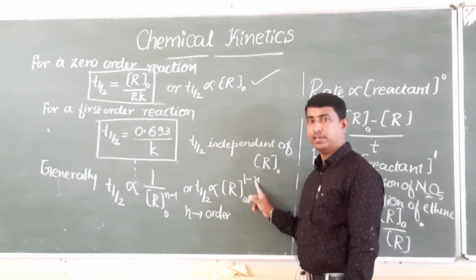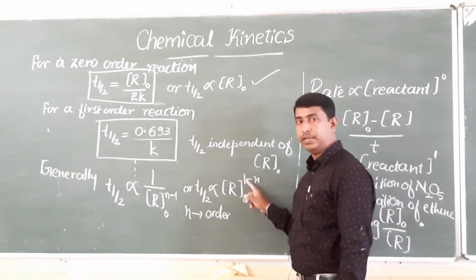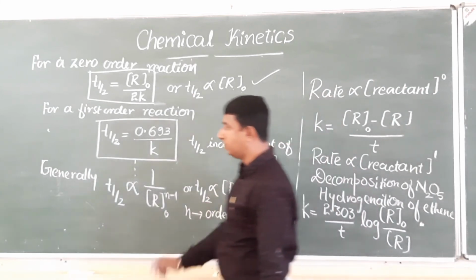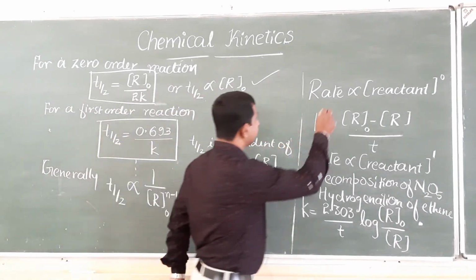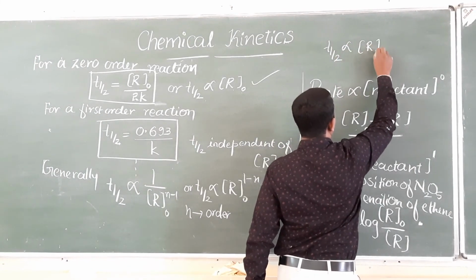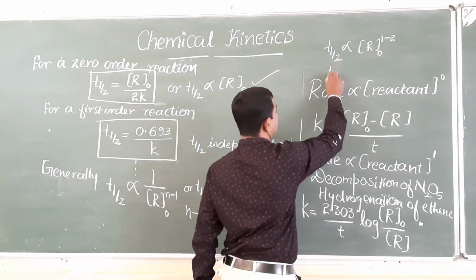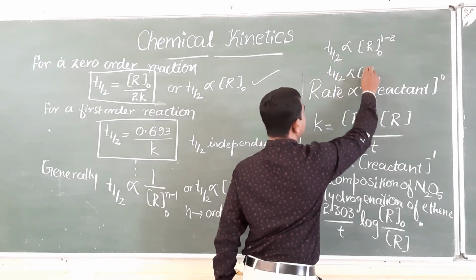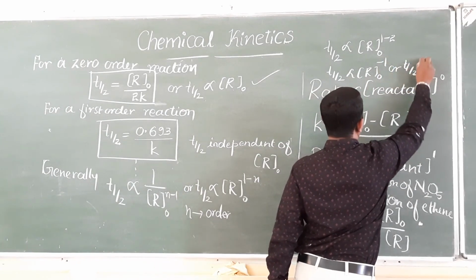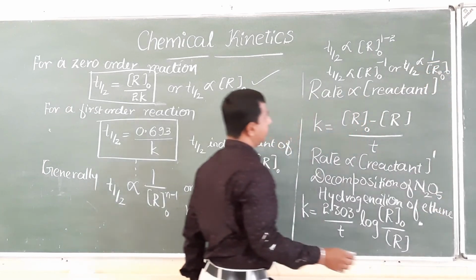Then T half is proportional to R naught power 1 minus 2. 1 minus 2 is minus 1, so T half is proportional to R naught power minus 1, or T half is inversely proportional to R naught.